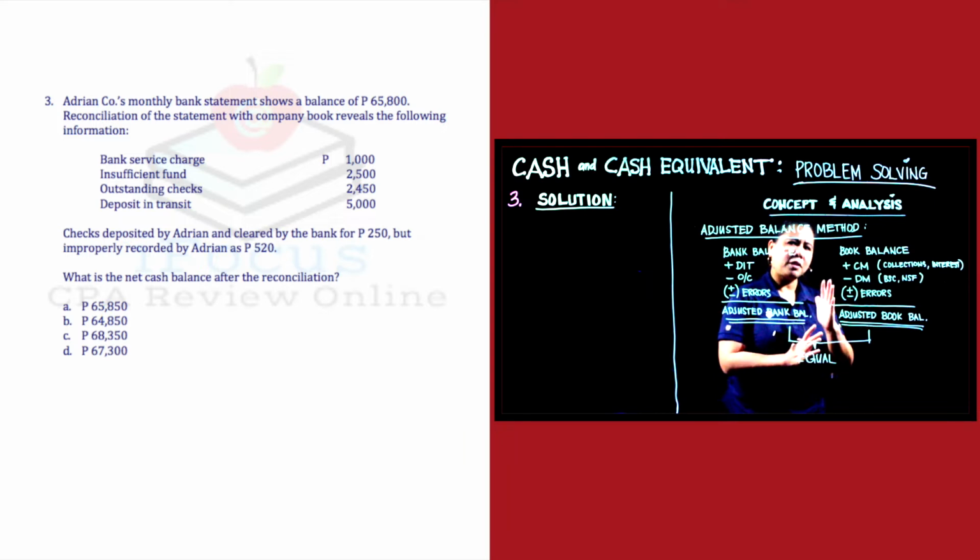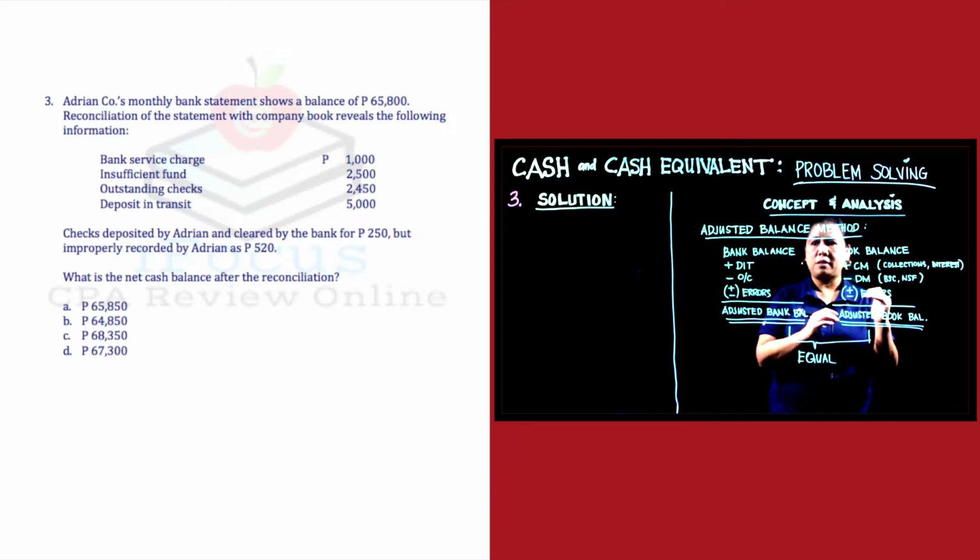Now, dito naman sa book balance, yung mga activities ni bangko na hindi pa na-add or nadideduct sa book balance, i-reconcile din natin yan. For example, collections. Sometimes, the company gives the right to the bank magkolekta ng mga receivables ng company. So, kapag nakakolekta na si bangko, ina-add niya ito sa account ni company.